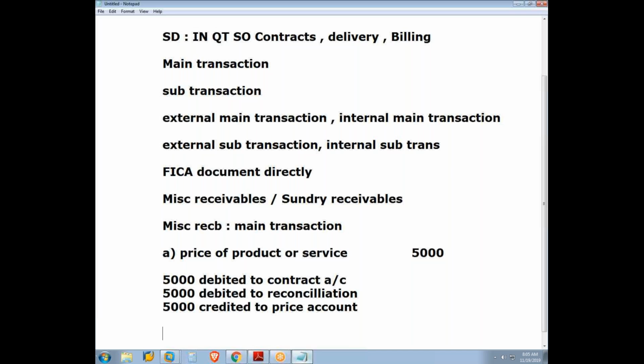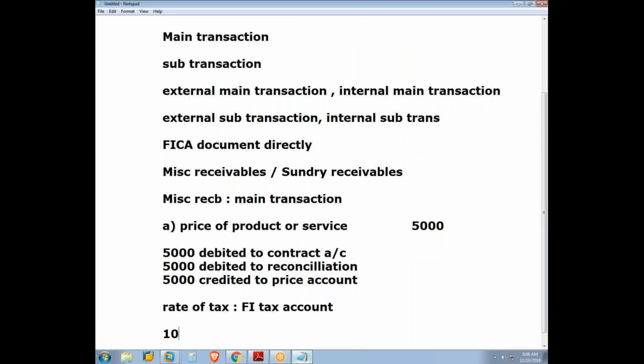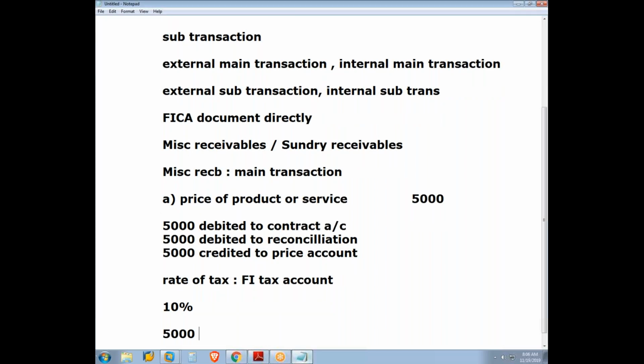That means you have to maintain the rate of tax in financial accounting, and for the tax amount itself, you have to maintain a tax account. The tax account has to be determined. Let's say 10% is a tax. That means 5,000 rupees is the price of the product, plus 10% tax, that is 500.